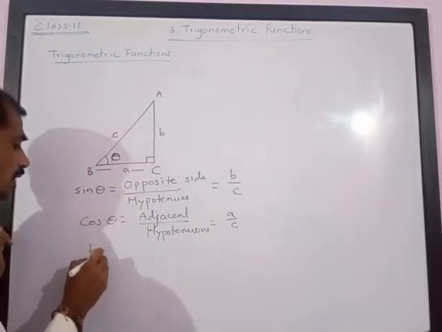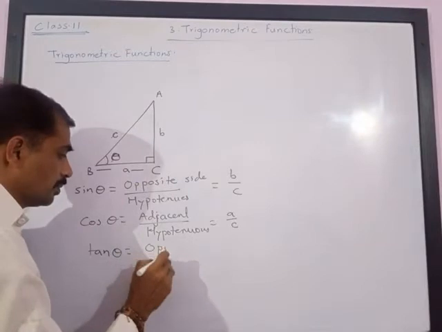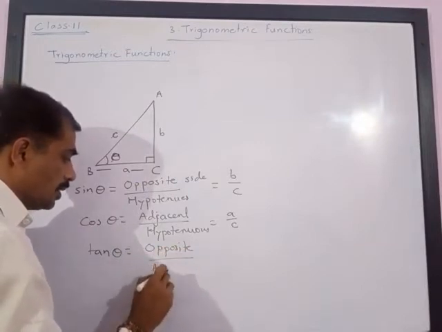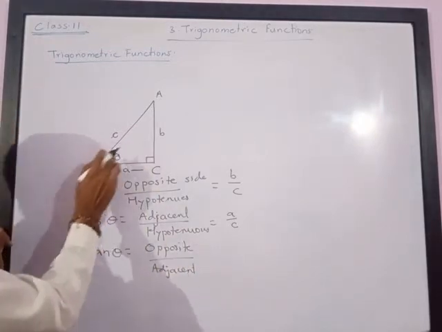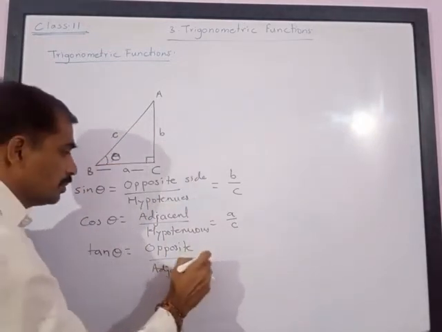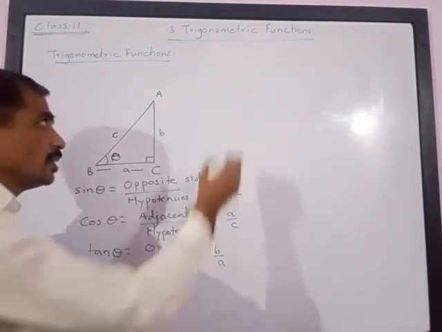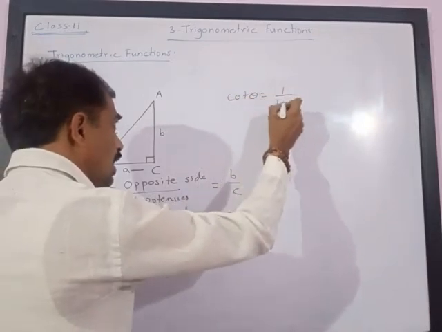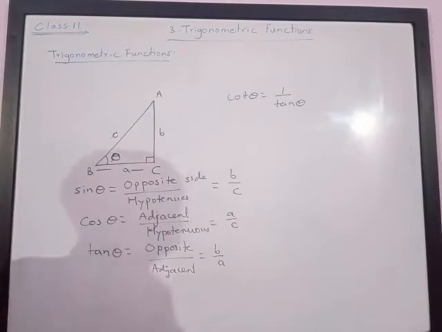Now tan of theta is equal to opposite upon adjacent. So for theta, the opposite is b upon a. Now cot theta is equal to the inverse of tan theta, or reciprocal of tan theta.